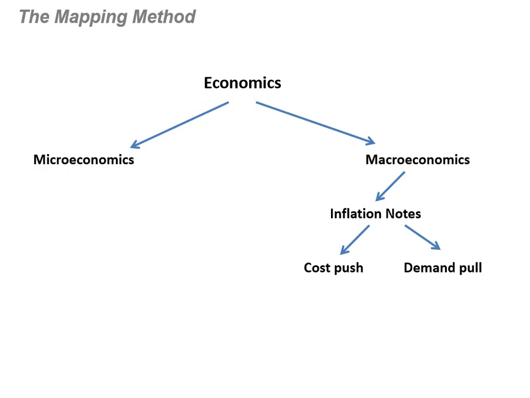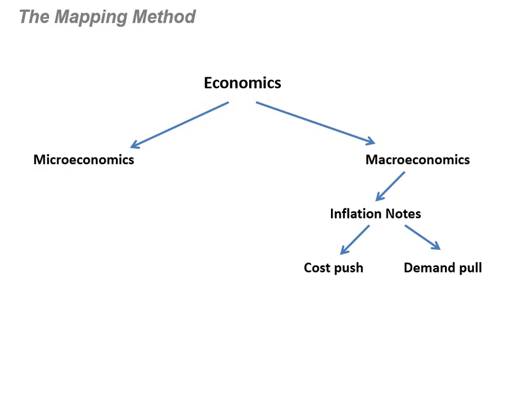So now if somebody said to me, there is demand pull in the economy, I would think demand pull. Demand pull is inflation. Inflation is macroeconomics, which is a study of economics. So now my visual diagram is helping me to remember where all of the lines are going. So it's moving in that direction.